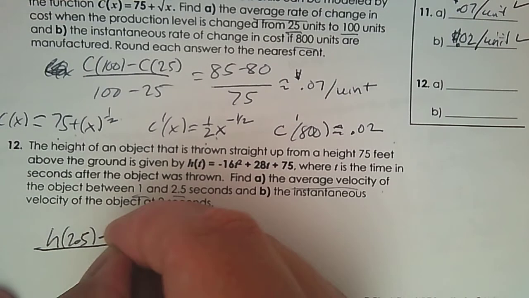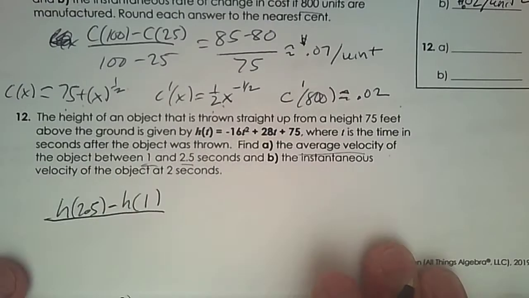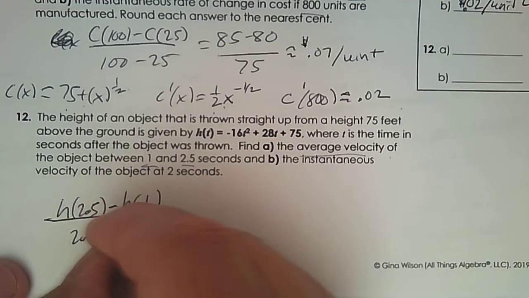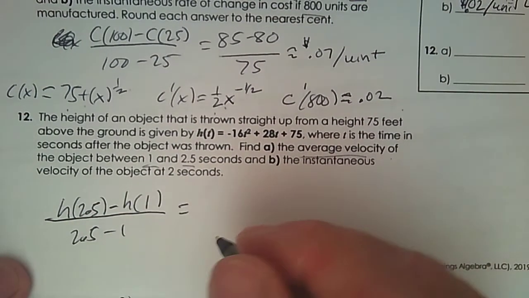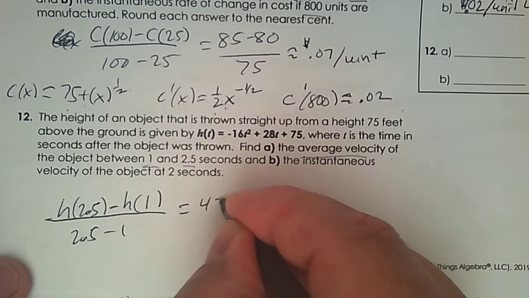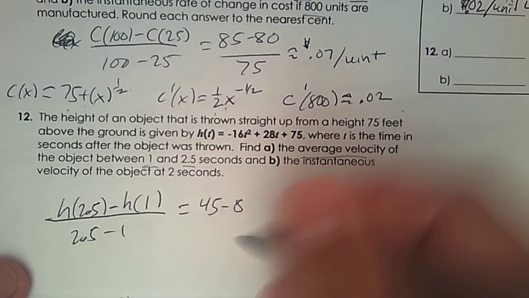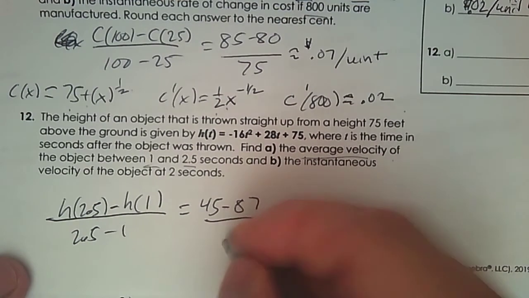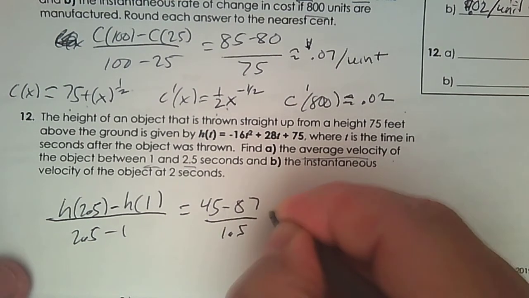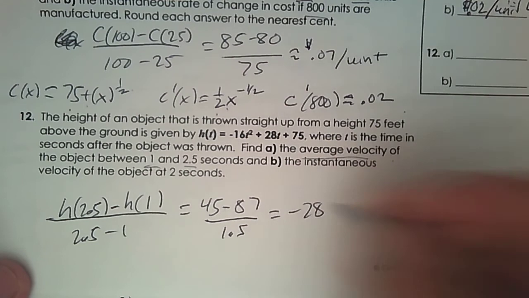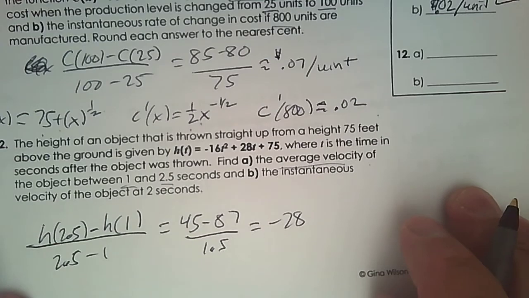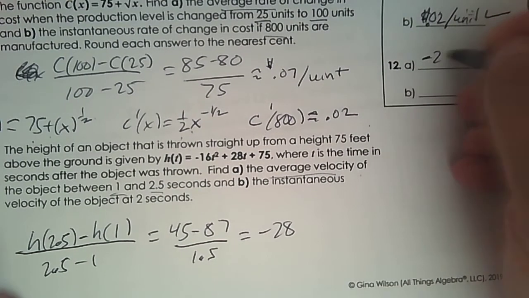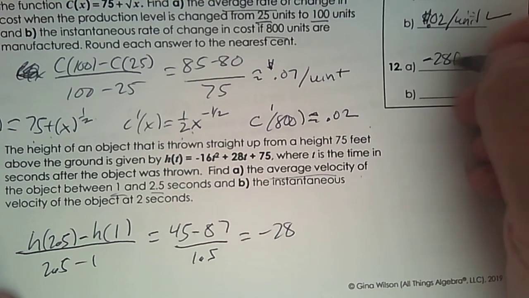Plug in 2.5, subtract, plug in 1, and that's over 2.5, subtract 1. So that is 45, subtract 87, over 1.5. It's okay, the answer is negative. So that means that the object is falling on average. So it's negative 28 feet per second.